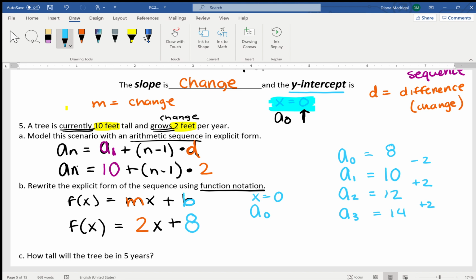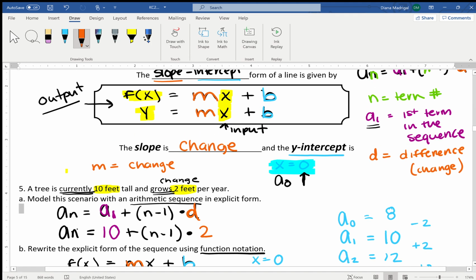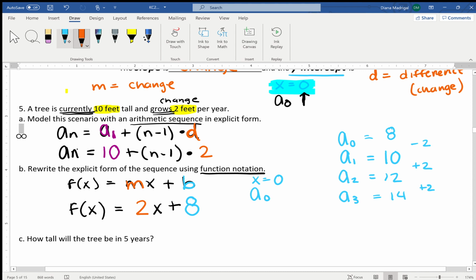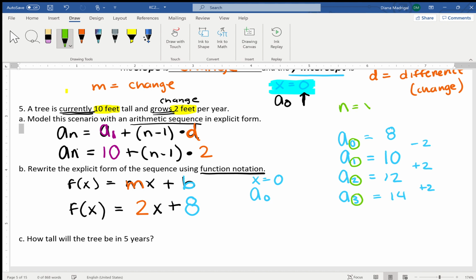Again, I'm looking for when x is 0. Another thing I want you to know is that x is your input, and n is the input. It is a term number. This right here is a term number. Term number n is the same thing as the x for this one.